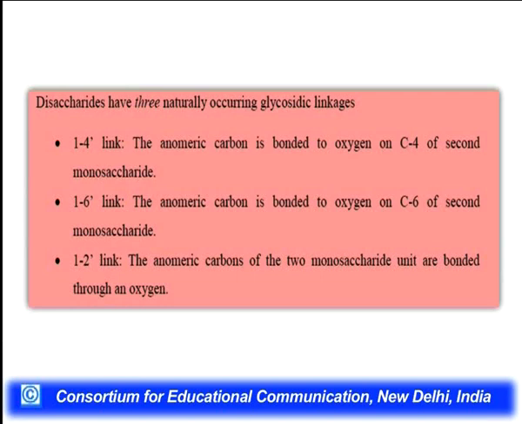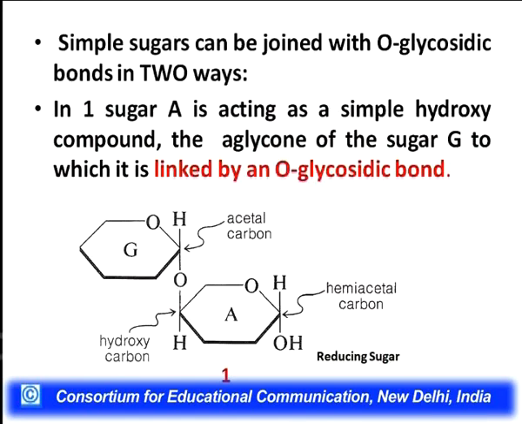Now, after talking of the linkages, we have to see how these 2 sugars can be joined when the O-glycosidic bond is formed. These sugars can be bonded in 2 ways. In one way, I am showing it to you, we have this moiety. This moiety is acting as a glycon.